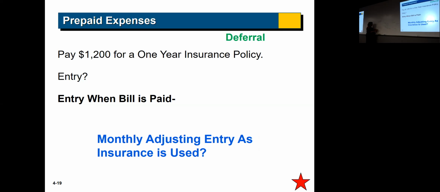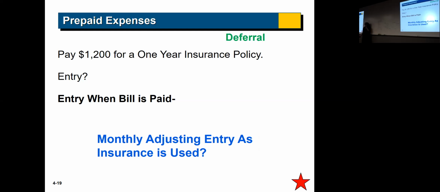At the end of the first month, you now have $1,100 in prepaid insurance and $100 of insurance expense. You're going to do that every month until pretty soon you have $1,200 in expenses, and nothing left in prepaid insurance. You've used up all the insurance.